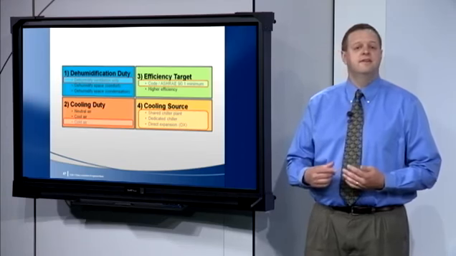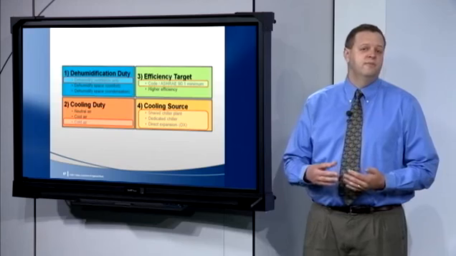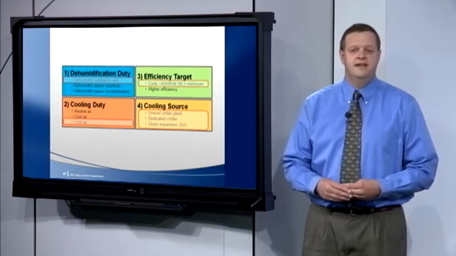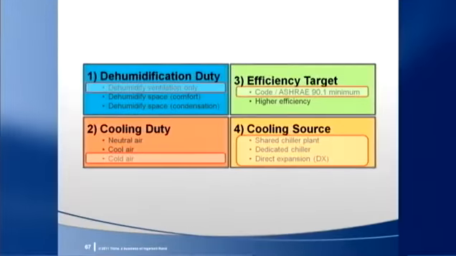Now let's look at some different configurations, starting with what you might call the minimum duty dedicated outdoor air unit. That's a unit that dehumidifies the outdoor air to just remove the latent load due to ventilation. We'll assume this unit delivers the dehumidified air at a cold temperature, allowing the space-sensible cooling equipment to be downsized.